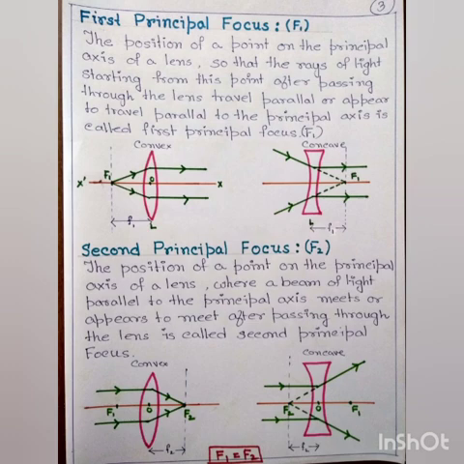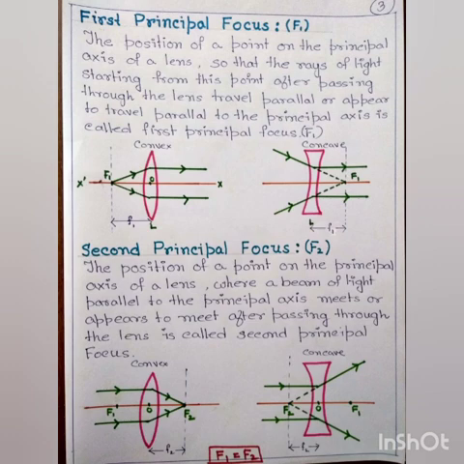For our numerical purposes, when we discuss the focus point, we will consider the second principal focus of both lenses. Therefore, for focal length, the convex lens is positive, and the concave lens is negative. Clear?